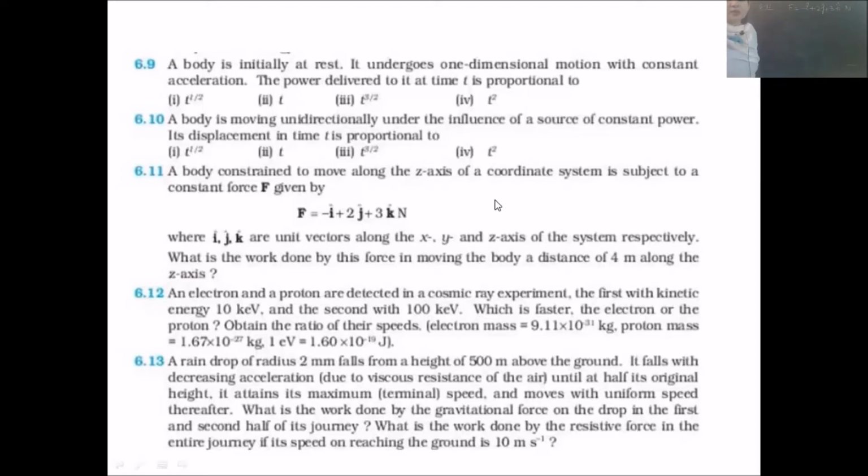What is the work done by this force in moving the body a distance of 4 meter along z-axis?